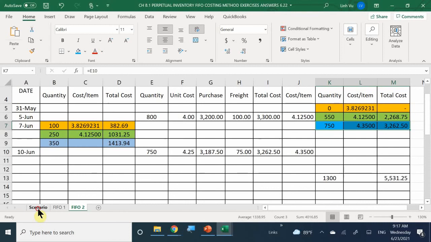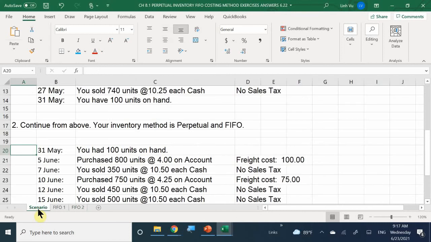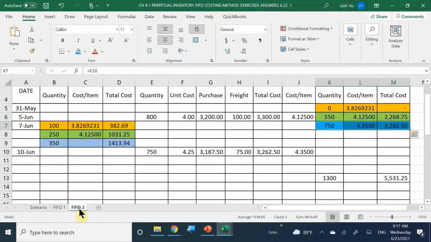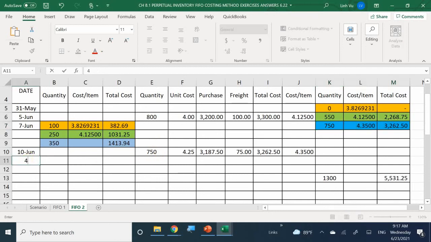So let's go ahead and take a look at what happened next. On June 12th, we sold an additional 450 units. So let's go ahead and calculate what it costs me to sell 450 units. Let's take a look at our batch of inventory.